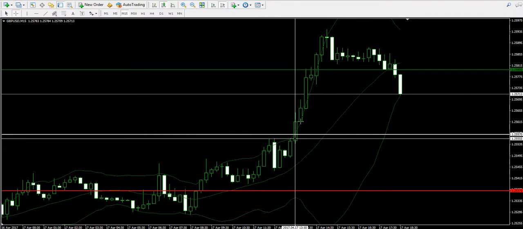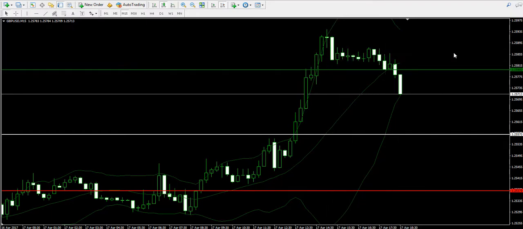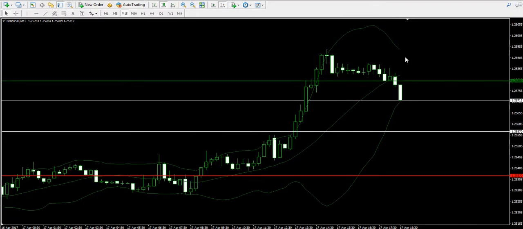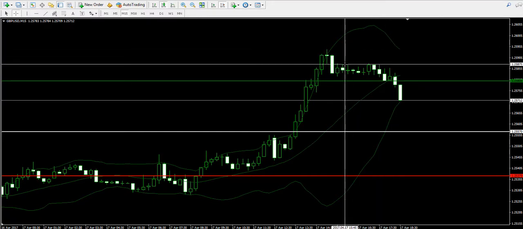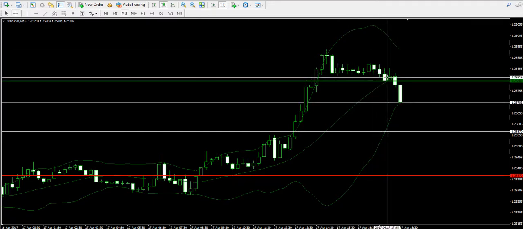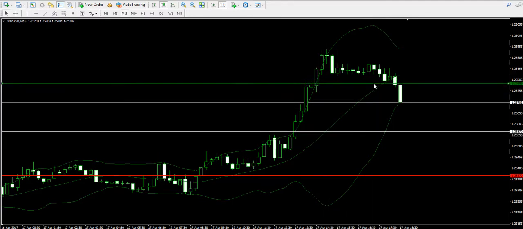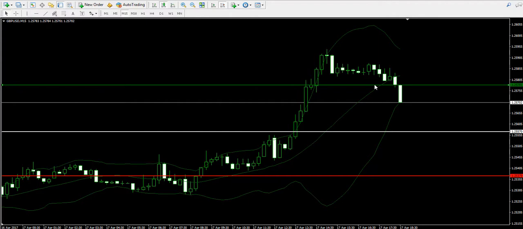Notice that the price was trending in bullish direction, then it started consolidating and the bands started shrinking. Since I saw that the bands are shrinking, I used the moving average breakout to close the trade right over here when I saw a candle closing below the trend line.